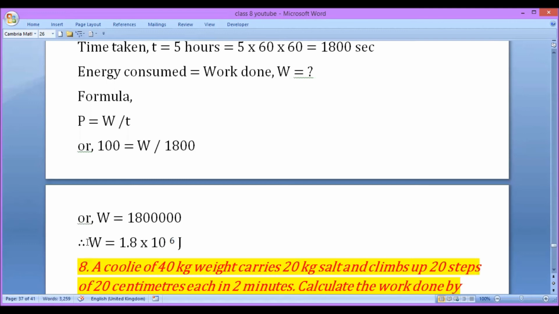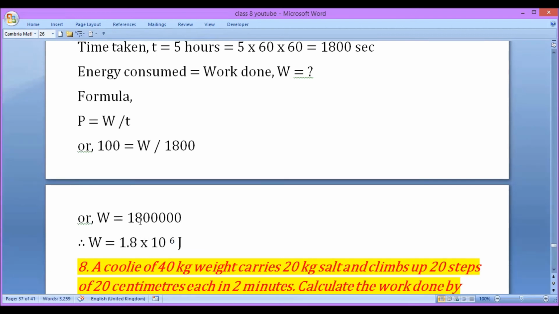Now after cross multiplication, W is equal to 100 multiplied by 1800, which is equal to 18 lakh. We have to convert this large value into scientific notation. The required answer is 1.8 multiplied by 10 to the power 6.